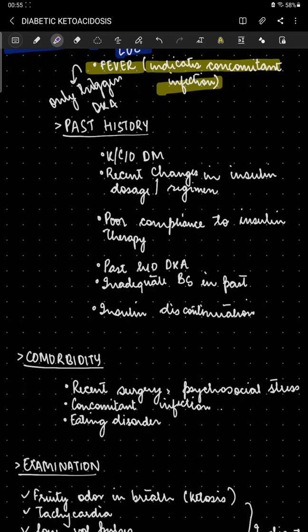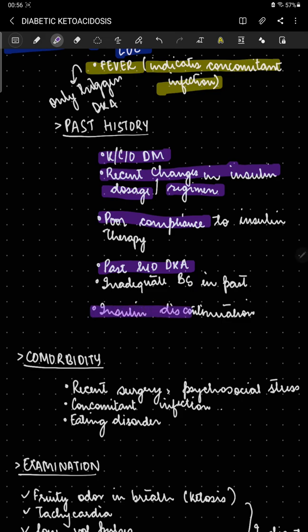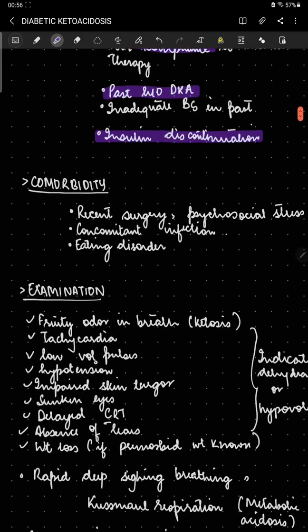So mostly these are known cases of diabetes mellitus that have either changed the insulin dosage or regimen, may be poorly compliant to the therapy, may have a past history of episodes of DKA. The presence of previous multiple episodes of DKA also predisposes the child to develop even more episodes in the future. Okay, or insulin discontinuation may be one of the causes.